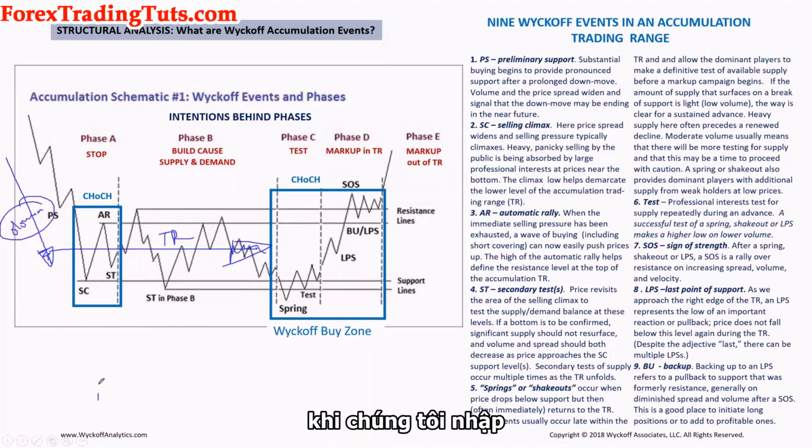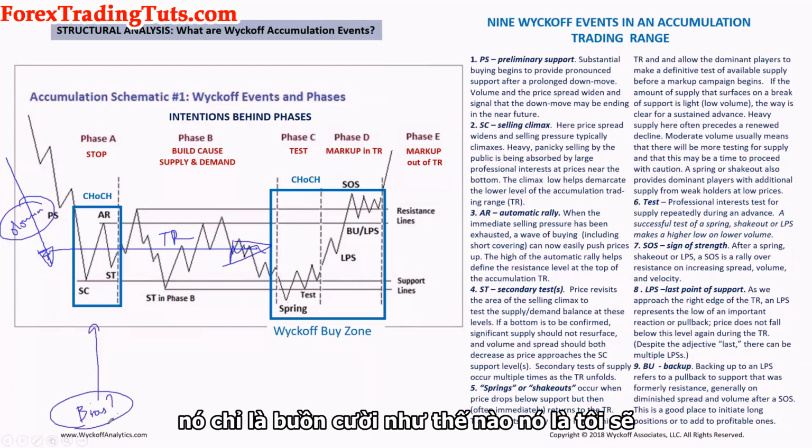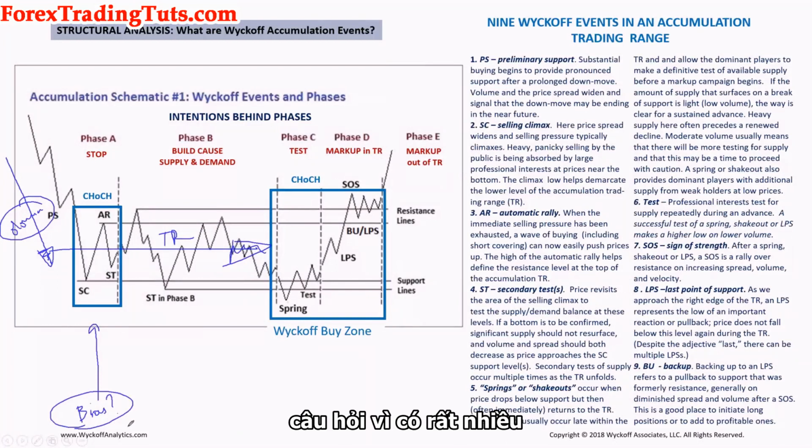As we enter the trading range in phase A, the biggest question from students, and it's just funny how it is, I would actually never be thinking about this question because there are so many things that are still going to unfold as consolidation unfolds by itself. But that question is always about the bias. So students always want to know what is the bias.